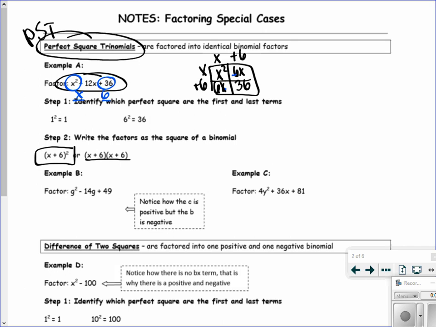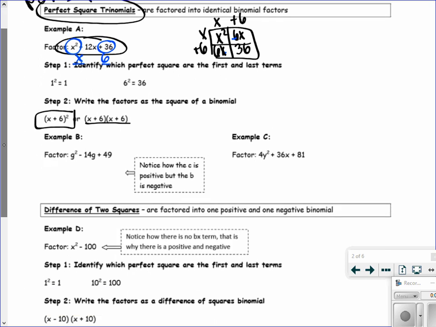So this has a lot of writing. Let's go to just an example of it. So if you look at this first one, first term, is that a perfect square? What's the square root of it? Last term, is that a perfect square? What's the square root of it?